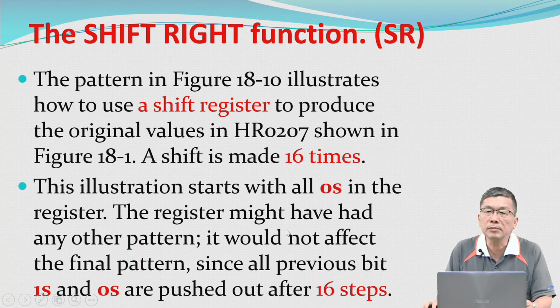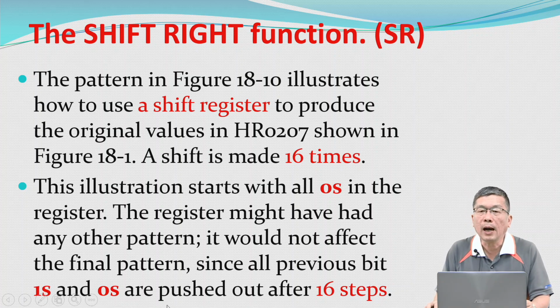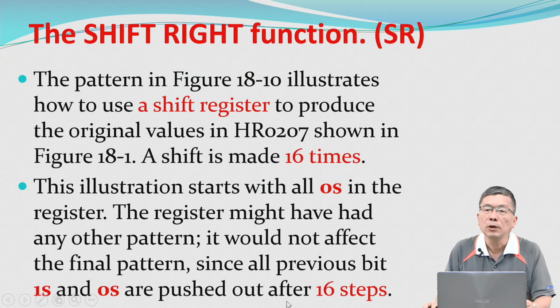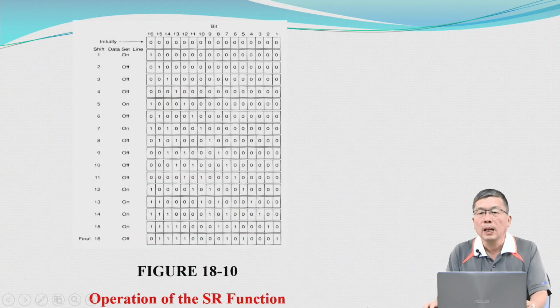The register might have had any other pattern. It would not affect the final pattern, since all previous bits, 1s or 0s, are pushed out after 16 bits. This picture shows the operation of the shift right function.